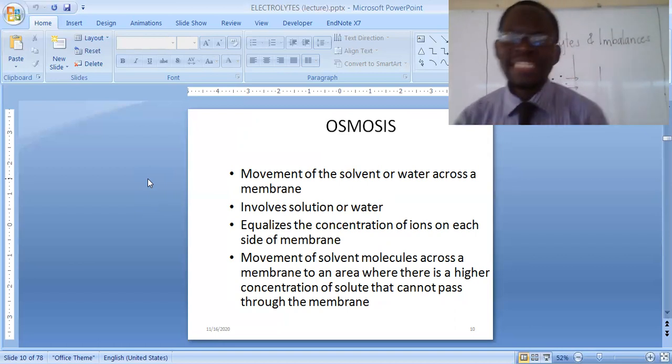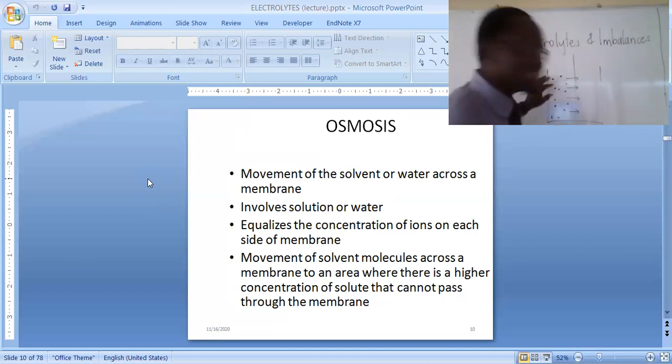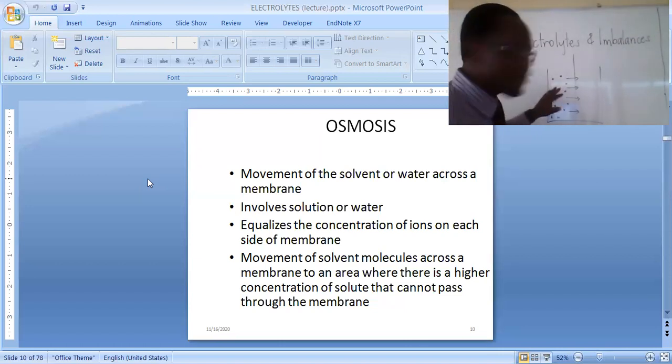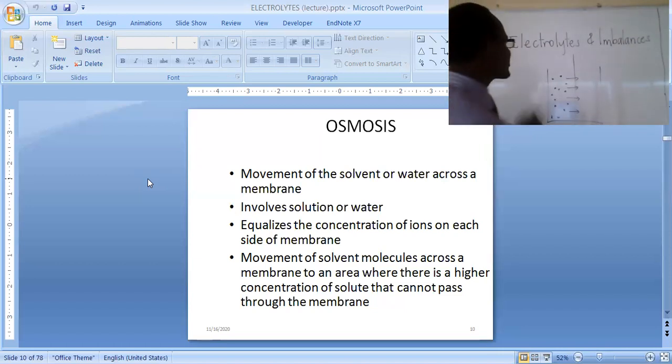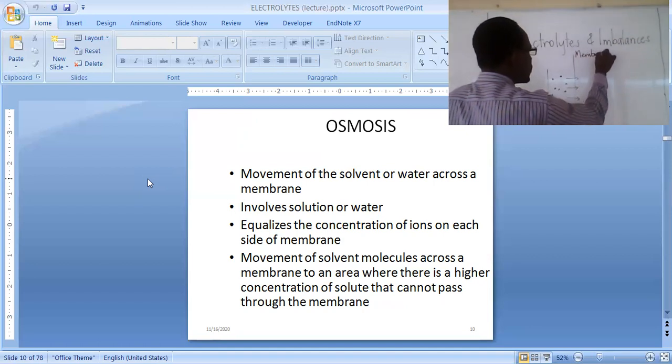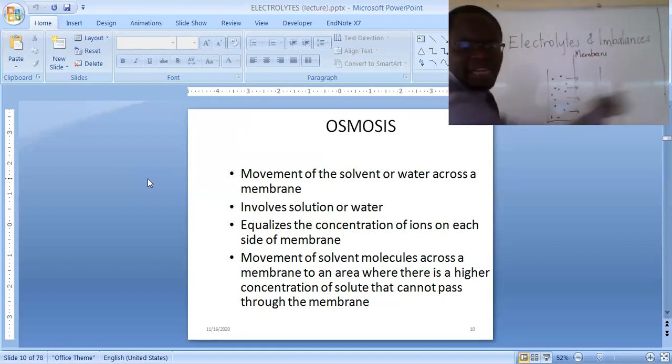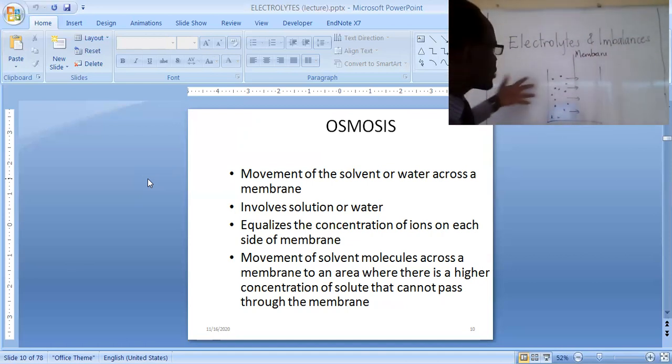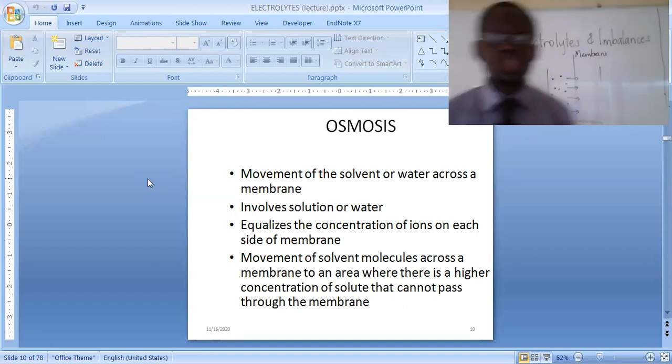Just imagine that this is water, and this is our semi-permeable membrane. Water moves across. So that is what we refer to as osmosis.